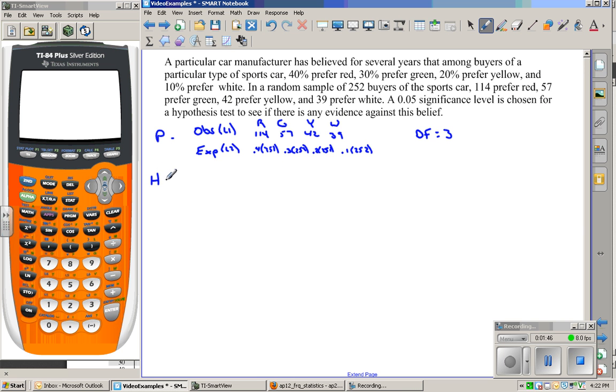Our null hypothesis is going to be that the percentages of colors of cars sold are exactly what the manufacturer believes.